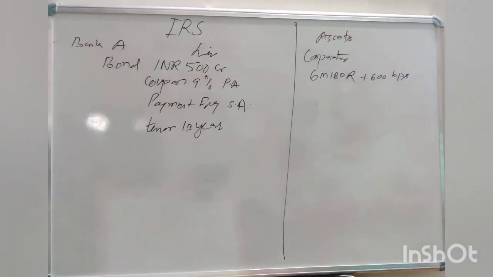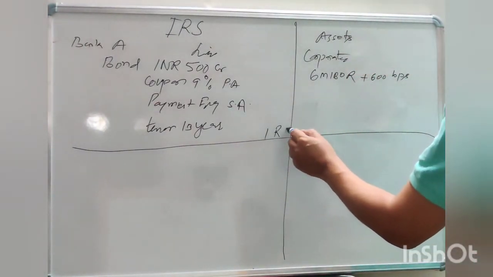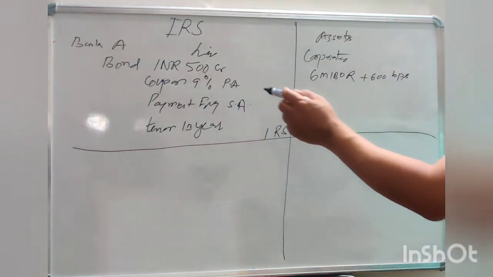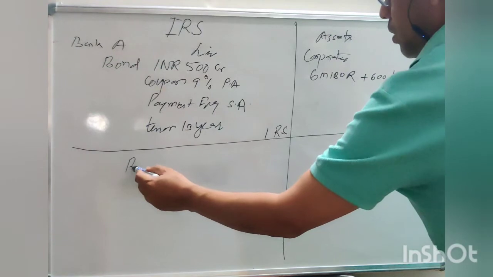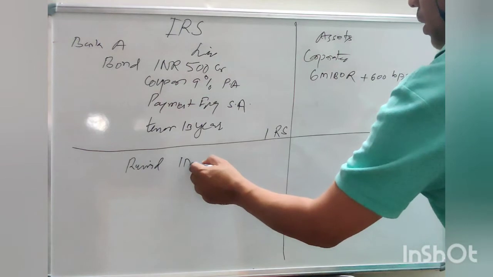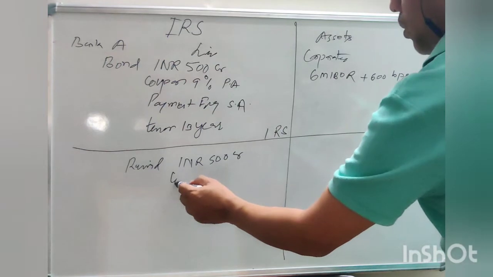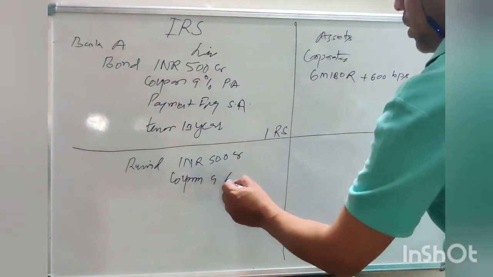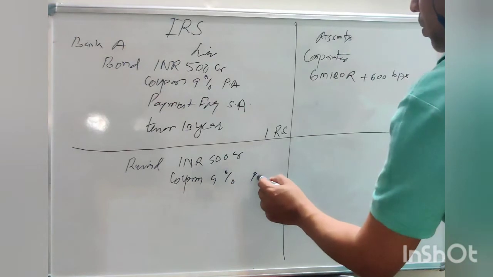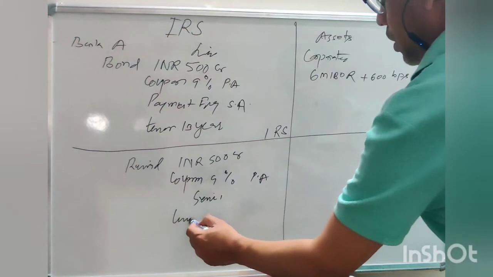In case the bank wants to hedge its interest rate risk, what they can do is an IRS. The bank does an IRS with the IRS counterparty, where they will say, I will receive, on INR 500 crore notional, a coupon of 9% per annum on semi-annual basis for 10 years.